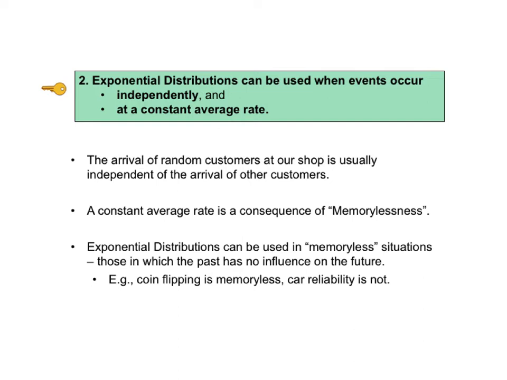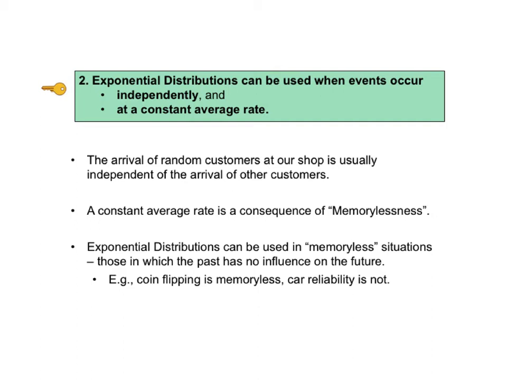Something is memoryless when the past has no influence on the future. For example, coin flipping is memoryless. The fact that you flipped heads 10 times in a row does not change the fact that the next coin flip has a 50% chance of being a head or a tail. On the other hand, memorylessness is not, for example, a property of things that decline with age.